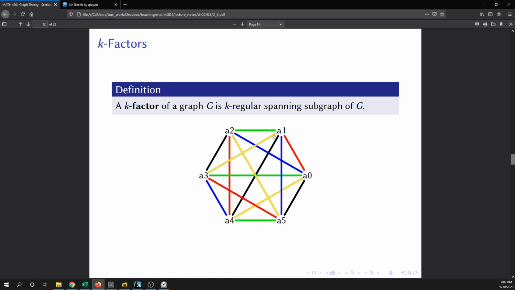If you take the subgraph consisting of only the yellow edges, that is going to be a spanning subgraph, because you can see that A1, A3, A2, A4, A5, A0, all of those are in the graph. So the set of yellow edges along with the endpoints of those edges makes a spanning subgraph of G. In addition, it is also 1-regular.